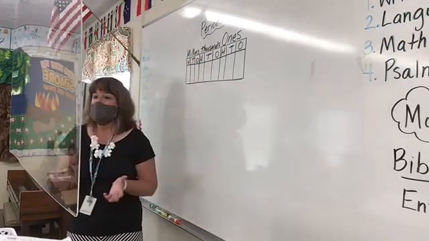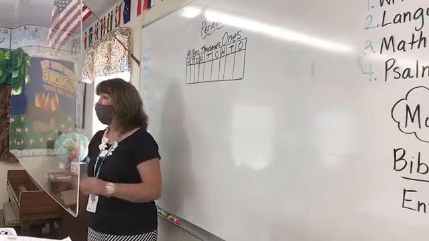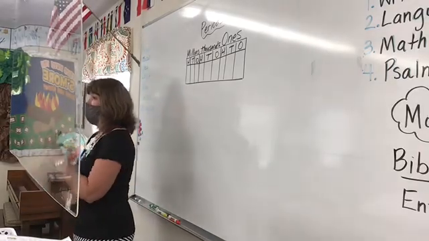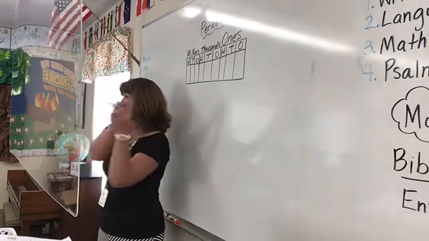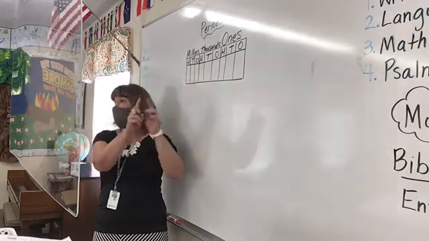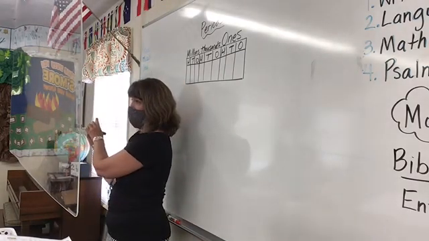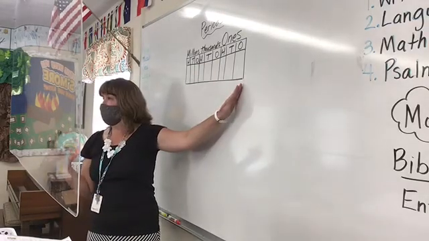hundreds. Now, reading numbers like this is backwards than how we read a word. Because when we read words, we read from left to right. But when we're putting numbers in, we go from right to left. So we start in our ones place.